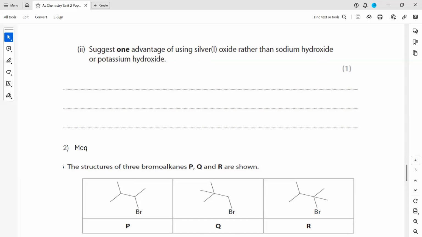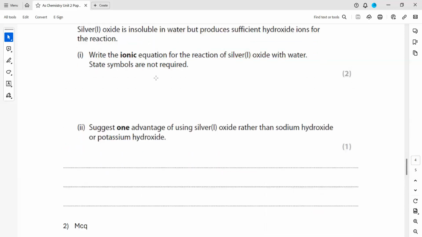Another thing, if you see the difference: sodium hydroxide provides a hydroxide ion, and silver(I) oxide also produces a hydroxide ion. If you have an excess of silver(I) oxide, the silver(I) oxide is solid, but sodium hydroxide is aqueous.